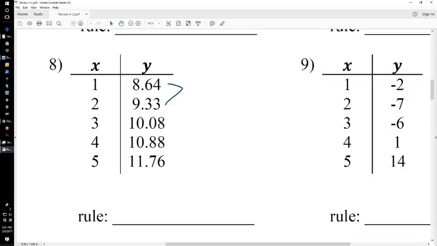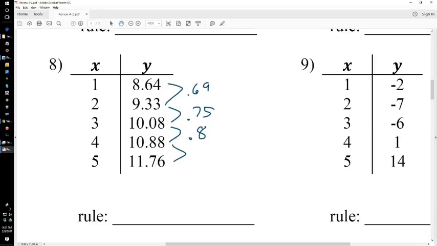9.33 minus 8.64 equals 0.69. 10.08 minus 9.33 equals 0.75. So already you know it's not linear. 10.88 minus 10.08 equals 0.8.